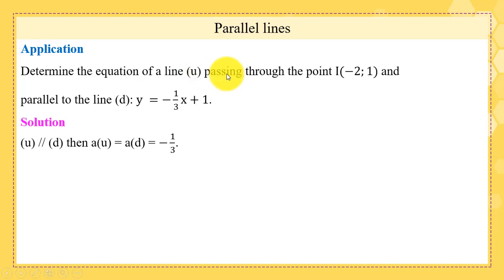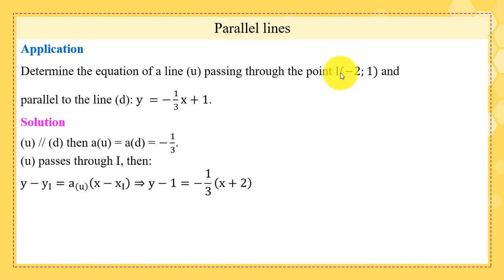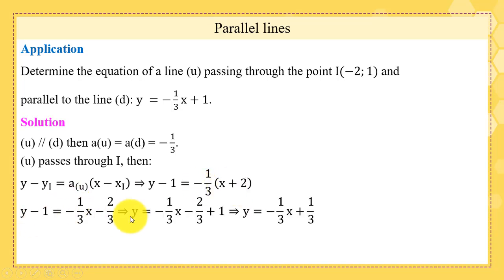U passes through the point I, or I belongs to the straight line U. We can use the following relation: y minus y of I is equal to a of U into x minus x of I. Substitute the coordinates of the point I and the slope: y minus 1 equal to minus 1 over 3 into x plus 2. Expand and isolate y to get y equal minus 1 over 3x plus 1 over 3, which is the equation of the straight line U.